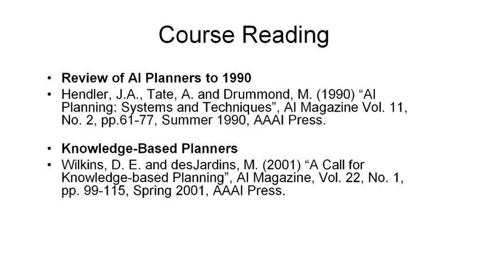That's the Hendler, Tate and Drummond paper in AI Magazine on AI planning, systems and techniques. There's also a review a decade later by Wilkins and Desjardins, A Call for Knowledge-Based Planning, where techniques of knowledge-based systems and planning were being brought together. Full details of these readings and the locations where you can find the PDF copies of them will be available in the course wiki.